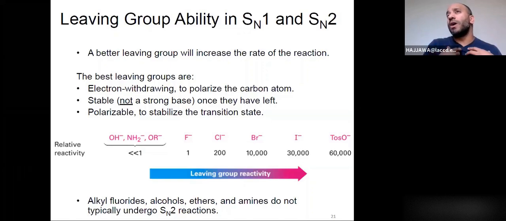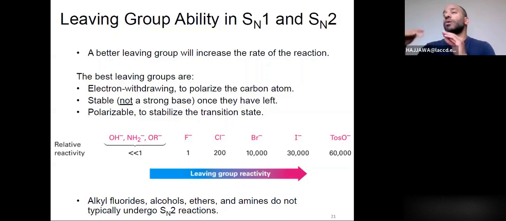And in order for us to make it a better leaving group, we convert it to something else called tosylate, from para-toluenesulfonyl chloride, a sulfonyl group. And I will be using one of the structures in the examples later on to show you what this tosylate group looks like. So this gives me the ranking of these leaving groups.